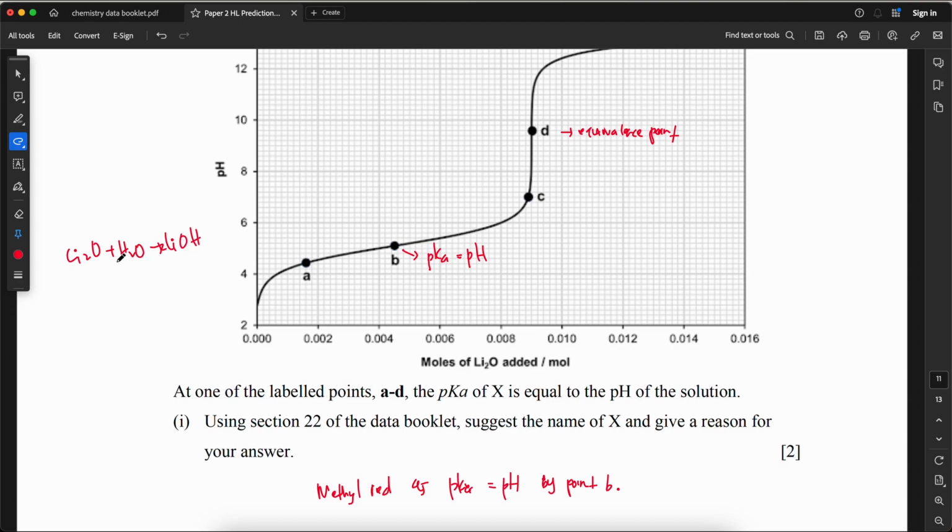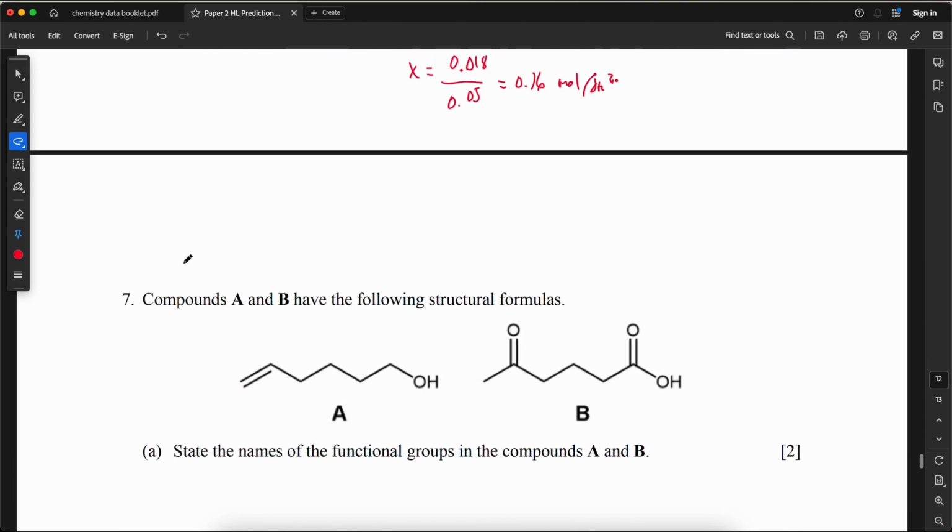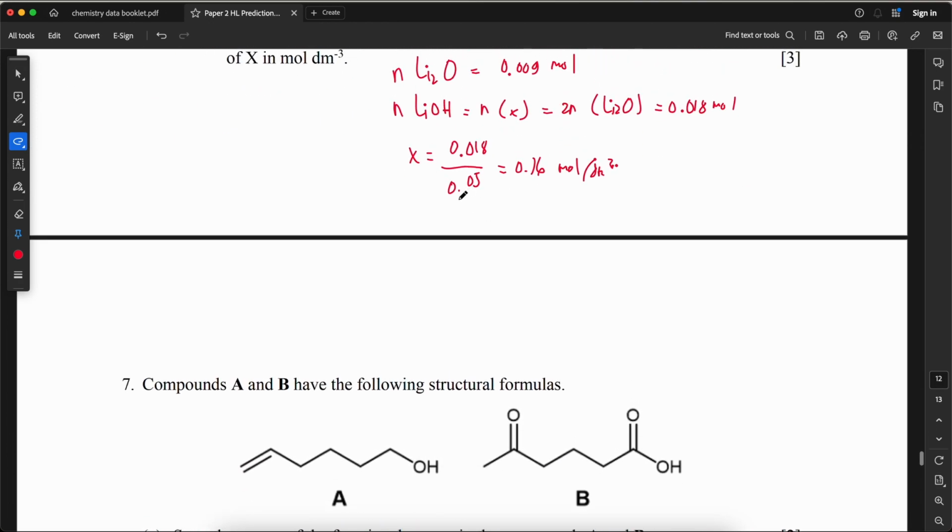So X is monoprotic acid, and 1 mole of X reacts with 1 mole of LiOH. So the mole of X is twice the number of Li2O at the end point. So that's why 2 times 0.009 is 0.018. So n is c divided by V. That's why 0.018 divided by volume 0.05 produce 0.36 mole per decimeter cube.